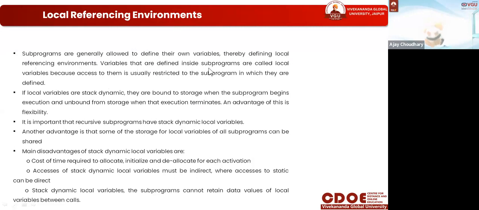Variables that are defined inside a subprogram are called local variables. Local variables are not accessed by any other method, because access to them is usually restricted to the subprogram in which they are defined.